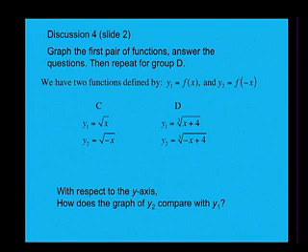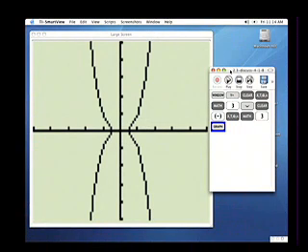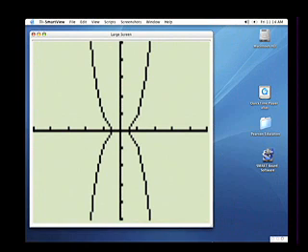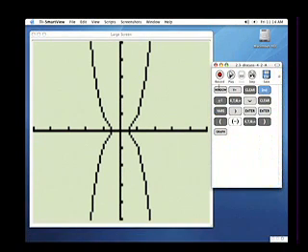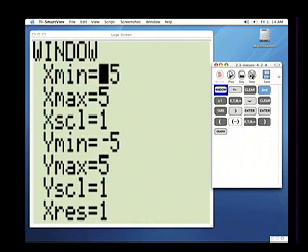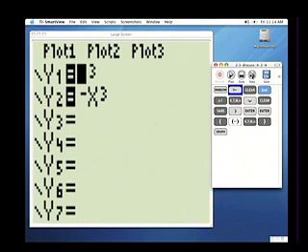Once again, let's switch to the graphing calculator software and call up the keystrokes for entering those two. So let's step through this. Let's just check the window out and make sure it's all set, that we have our minimum and maximum. Now our equations.